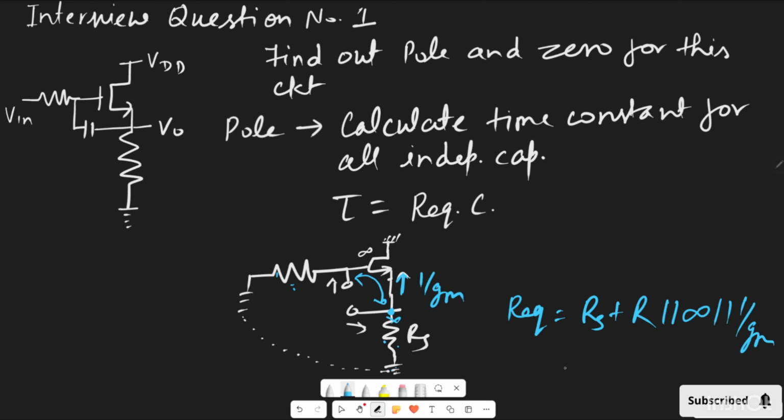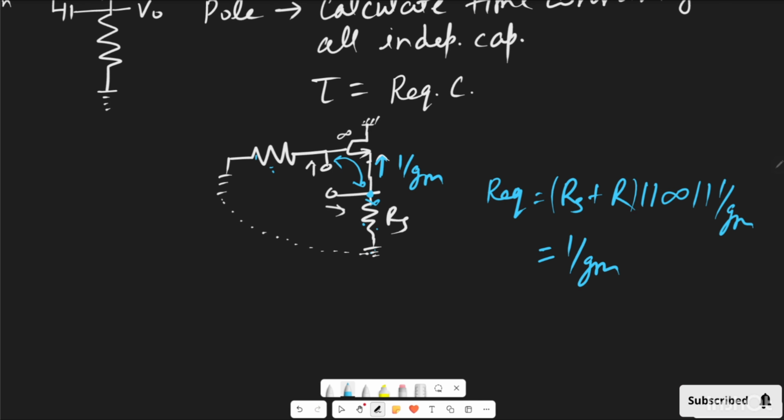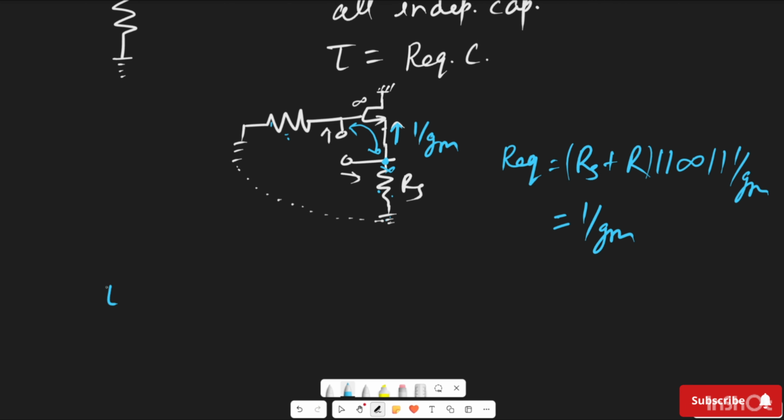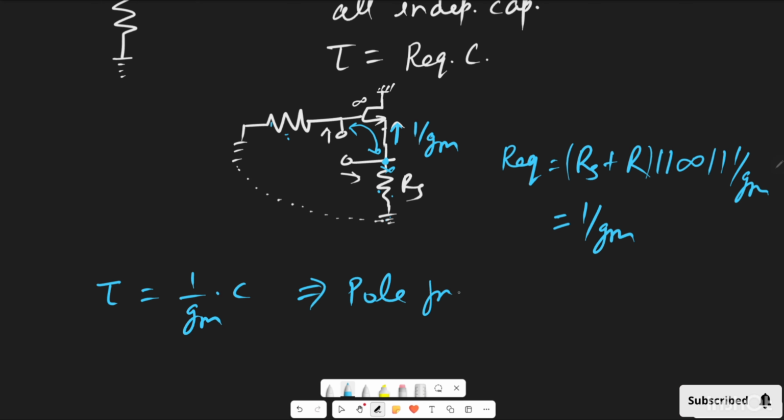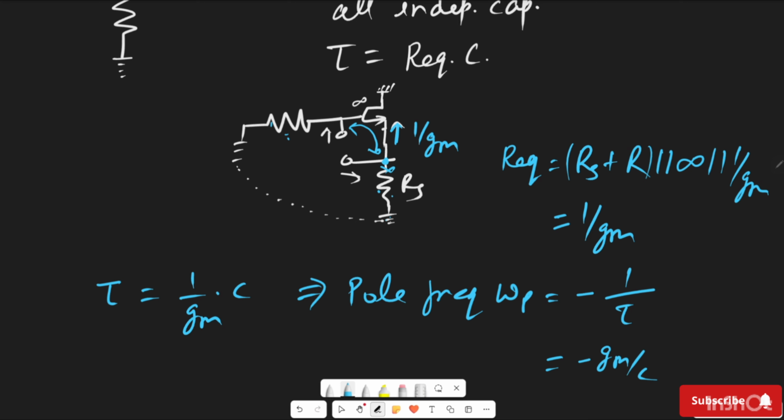So R equivalent will be 1 by Gm, because the lowest impedance among these is 1 by Gm. So the time constant tau will be 1 by Gm times the capacitor. So the pole frequency omega p will always be minus 1 by the time constant. So from here it will come out as minus Gm over C.